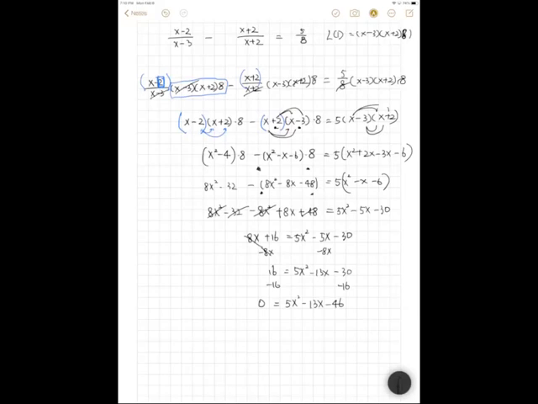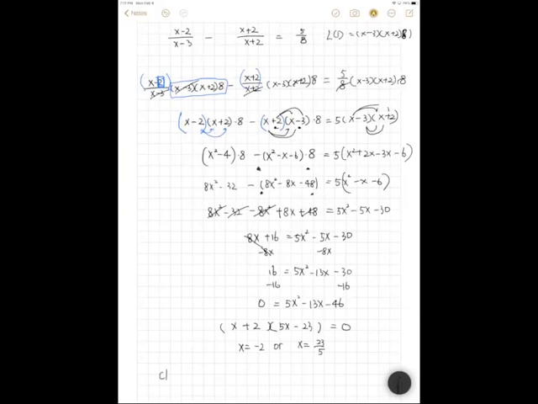Cross multiply to factor it. So we end up with x plus 2 and then 5x minus 23 equals 0. And then x either equals negative 2 or x equals 23 over 5.